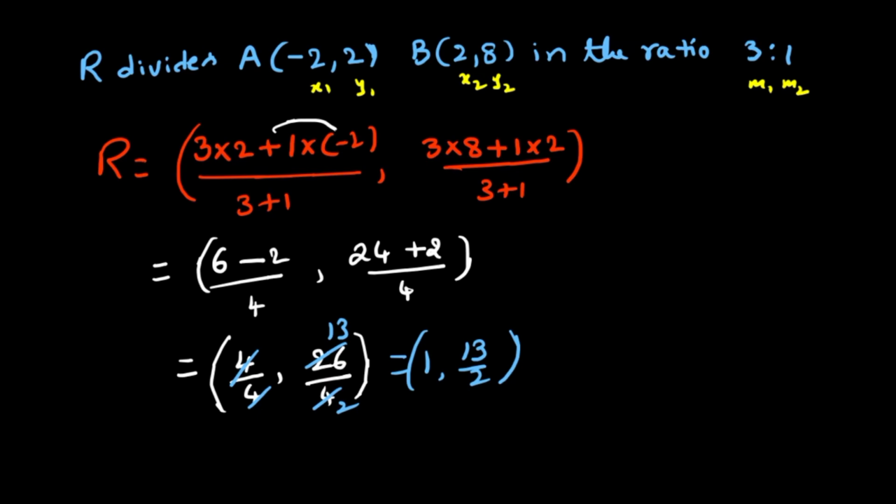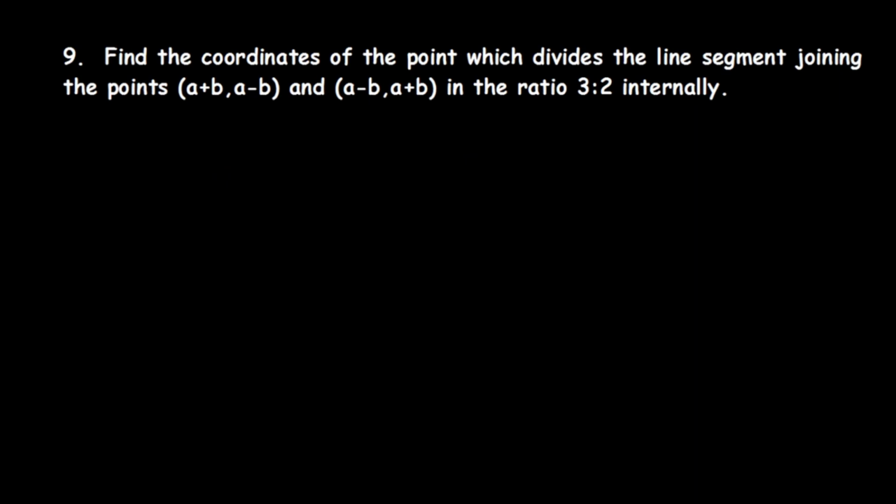So the next question. Find the coordinate of the point which divides the line segment joining the points. So as usual, this is x1, this is y1, and this x2, y2 are in the ratio they gave, m1 is to m2.